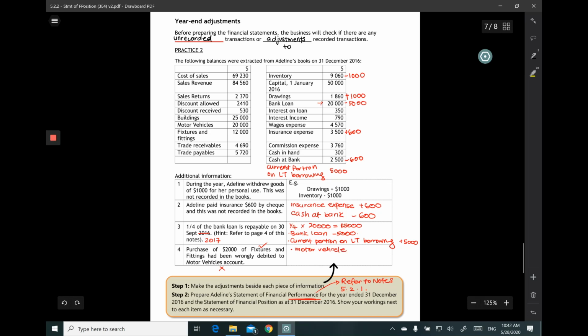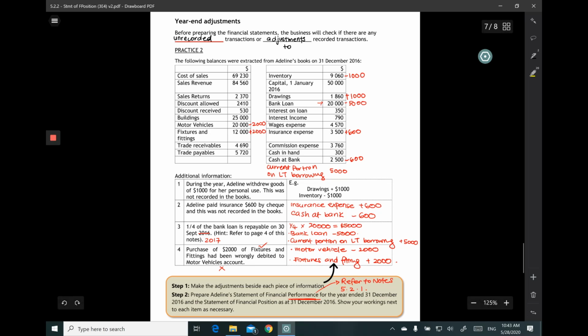Your motor vehicle will minus 2,000, and then your fixtures and fittings will plus 2,000. All right, so I'm going to go ahead and update the balances again. So motor vehicle is minus 2,000 and fixtures and fittings is plus 2,000.